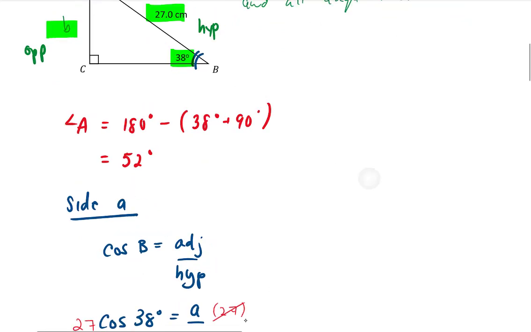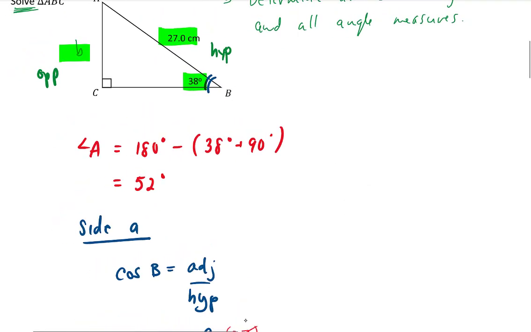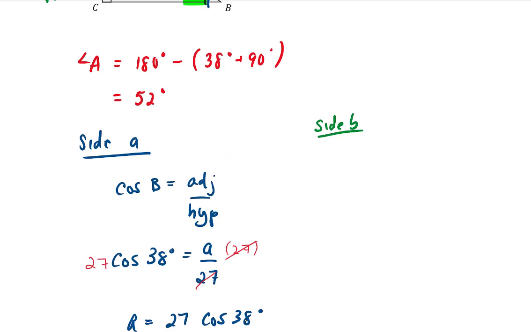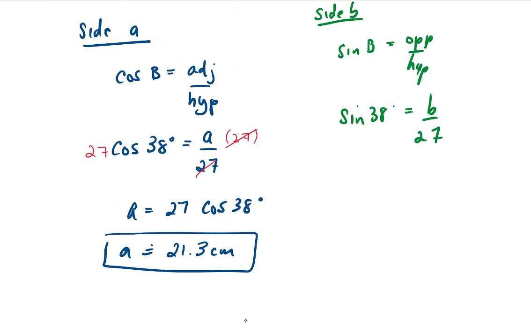So let's find side B. So side B is going to be the sine of angle B, which is our opposite over hypotenuse ratio. And so we're going to have the sine of 38 degrees is equal to B over 27. We need to multiply both sides by 27 to get B by itself.